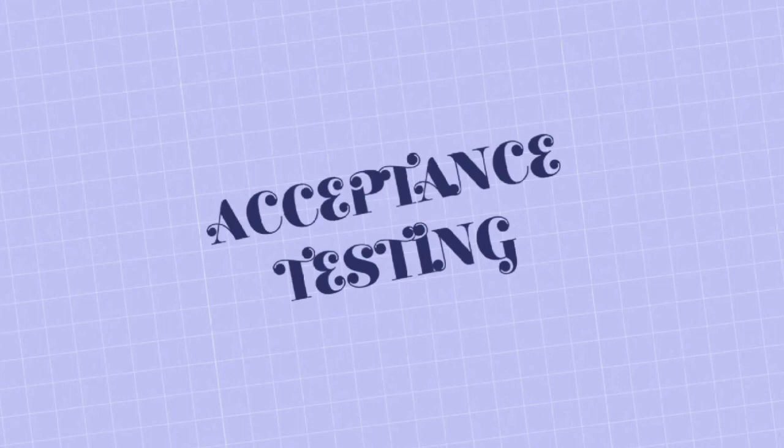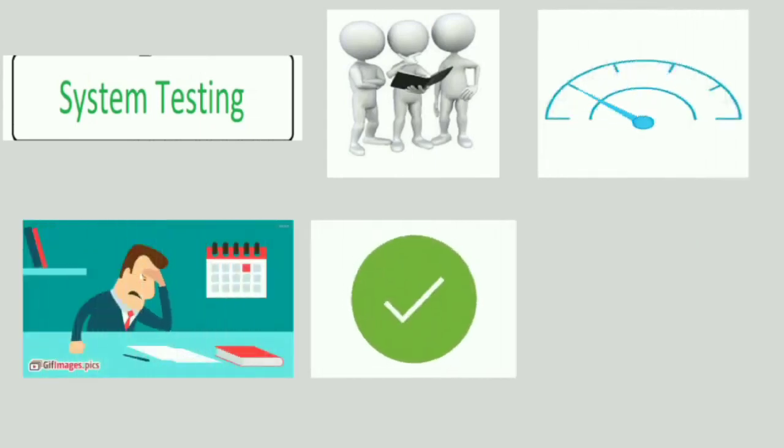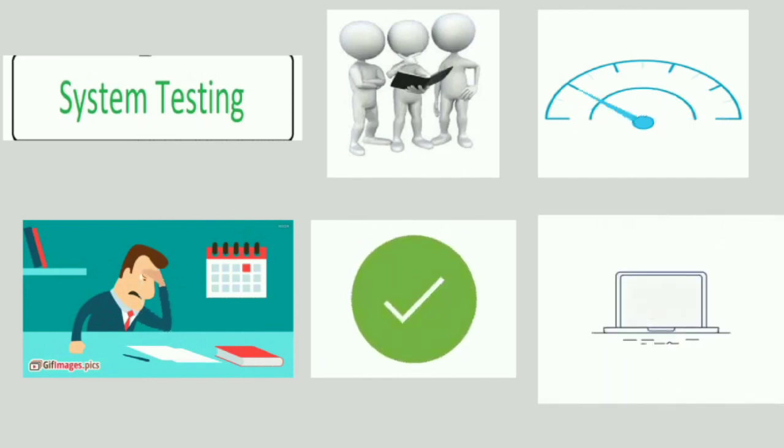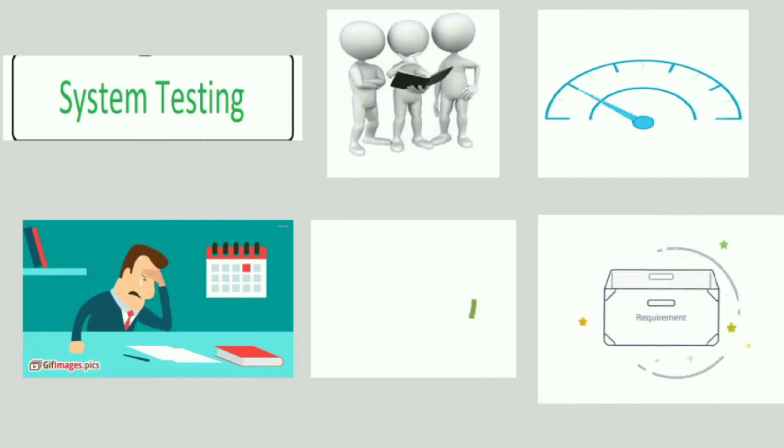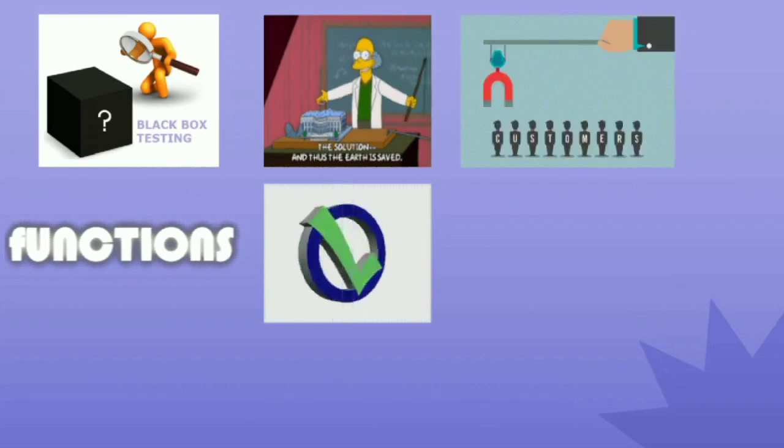Acceptance testing. Acceptance testing is a type of system testing that involves planning and execution of functional tests, performance tests, and stress tests to verify that the implemented software system satisfies the requirements stated in the requirements document. Functional testing. It is a type of black box testing that is used to demonstrate that the system satisfies customers' needs.